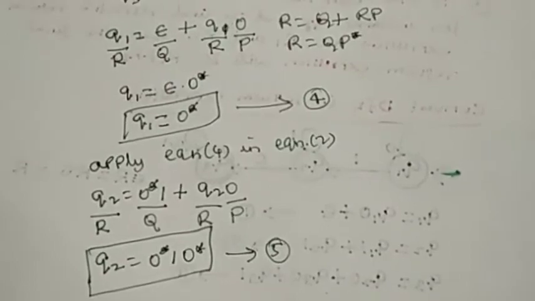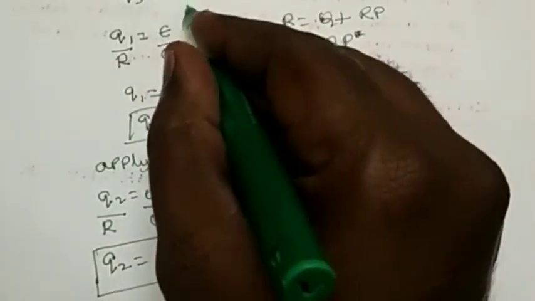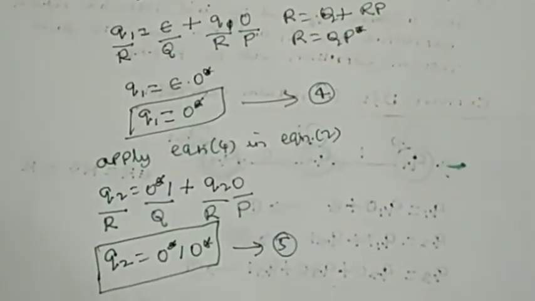Because we have two final states, Q2 and Q3, we are able to identify the answer for one final state Q2, but still we have to identify the value for Q3. For Q3 you need the value of Q2. Q2 has already been identified, so we take equation number 5 and apply it in equation number 3.